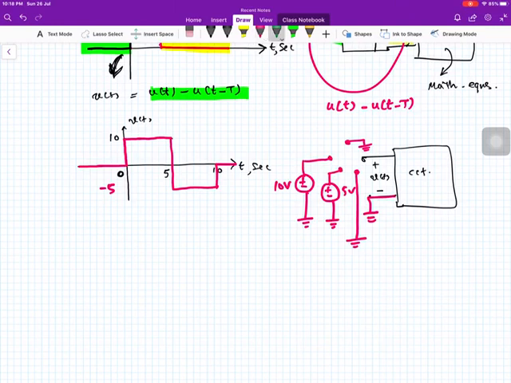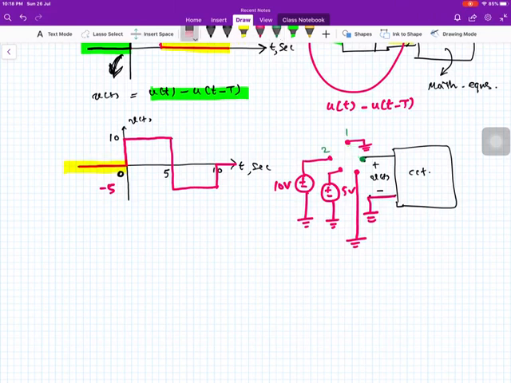Say the switch is over here. Initially it is at position 1. It has been in position 1 for this time. Then the switch is moved to position 2.